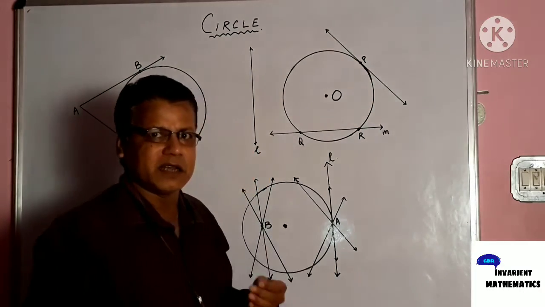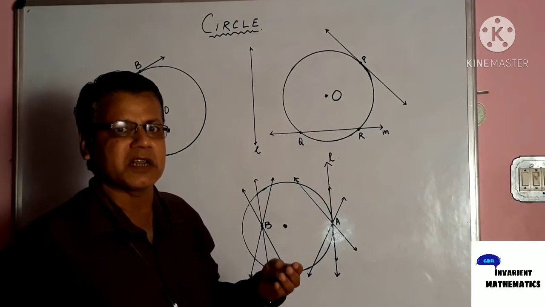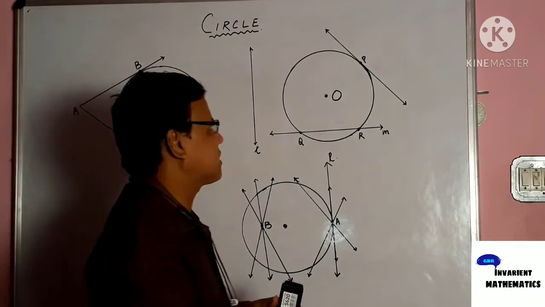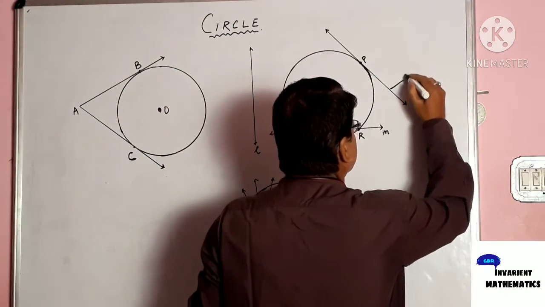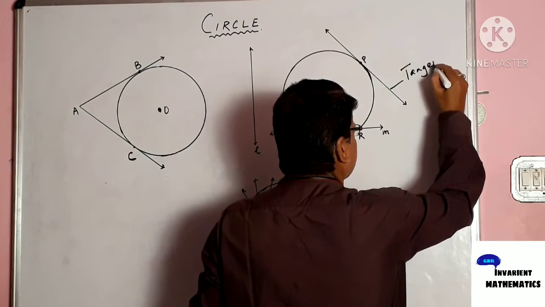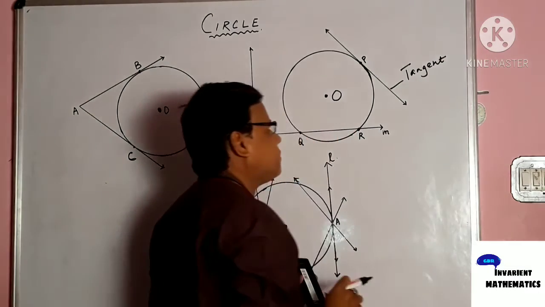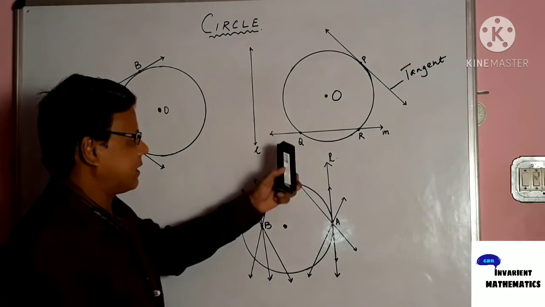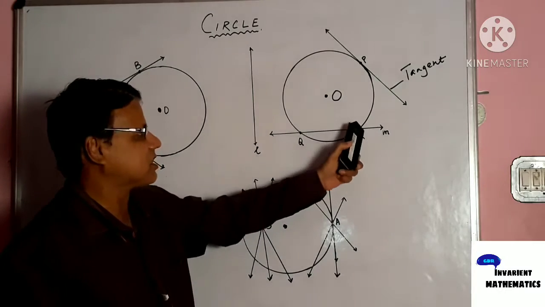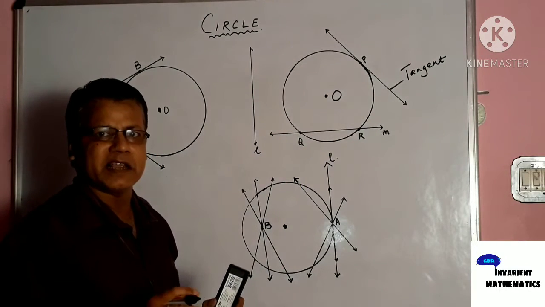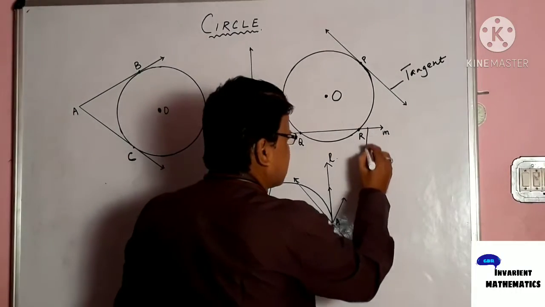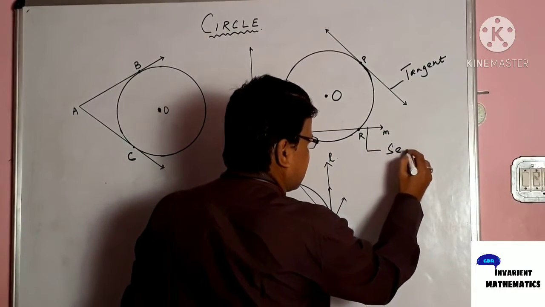A straight line which meets the circle at one point only is known as a tangent to the circle. Then comes the third line. The third line intersects the circle at 2 points. A line, if it intersects the circle at 2 points, is known as a secant of the circle.